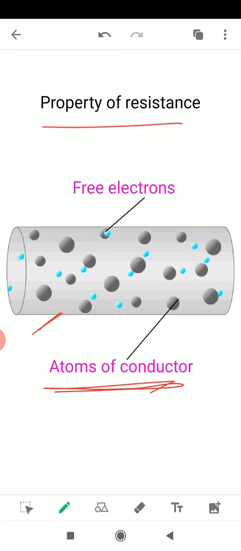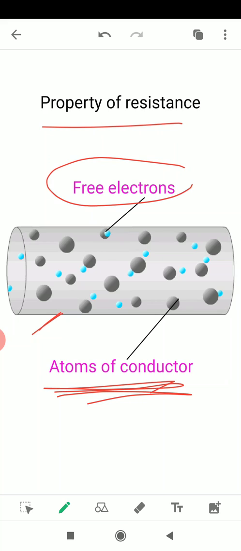Here we can see that these blue dots are drawn and some black dots are drawn. These black dots represent atoms of the conductor, and the blue dots represent the free electrons or the charges which are flowing through them. Now when the flow of electrons takes place through this conductor, what happens?